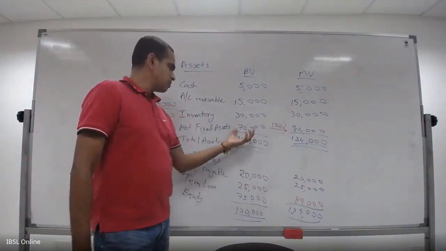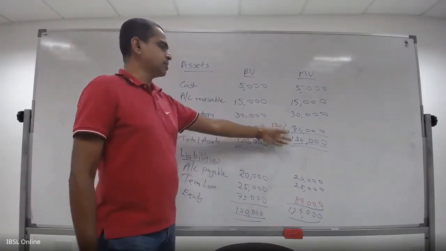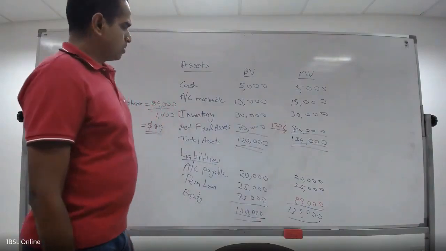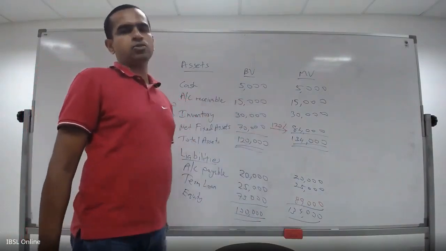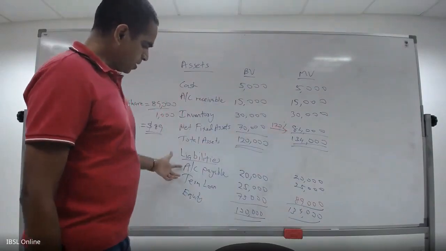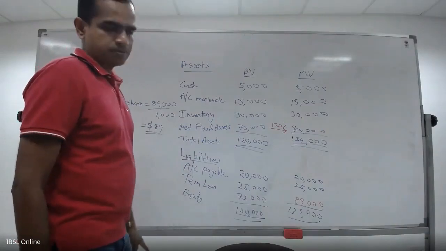So book value of net fixed assets 70,000, but it's actually worth 84,000. So the asset side is going up by 14,000, ending up with 134,000 total. Then accounts payable and term loans will not change. The only variable that can change is the equity.